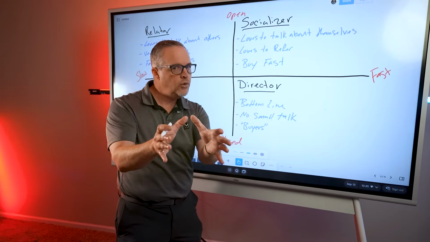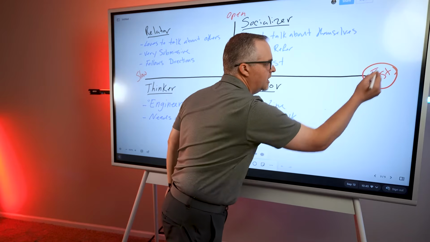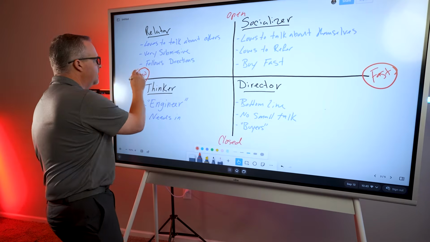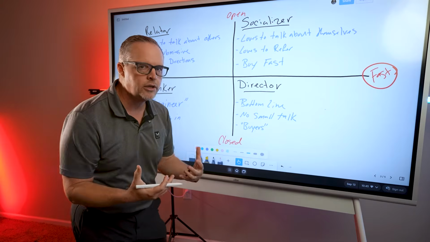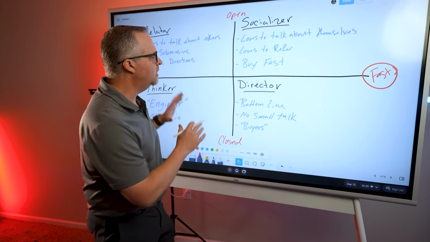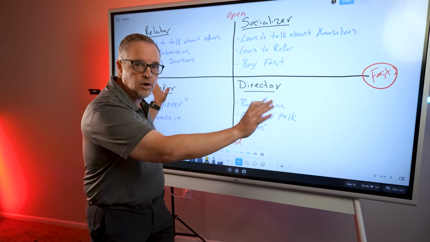Now, what I want you to know first is whether they are fast. Do they talk fast? Do they move fast? Or maybe are they slow? They might move slow. They might talk a little bit slower. Their mannerisms are a little bit slower. Once we figure that out, we know what side of the matrix that we're on, okay?